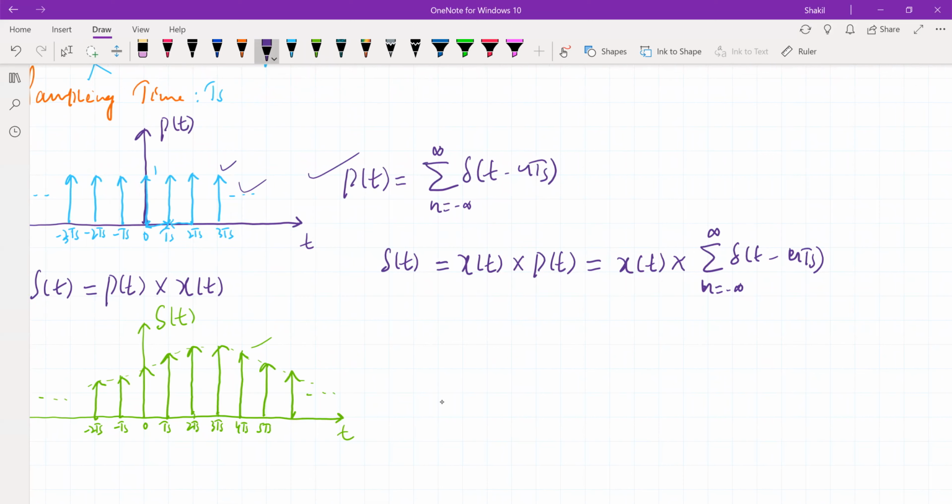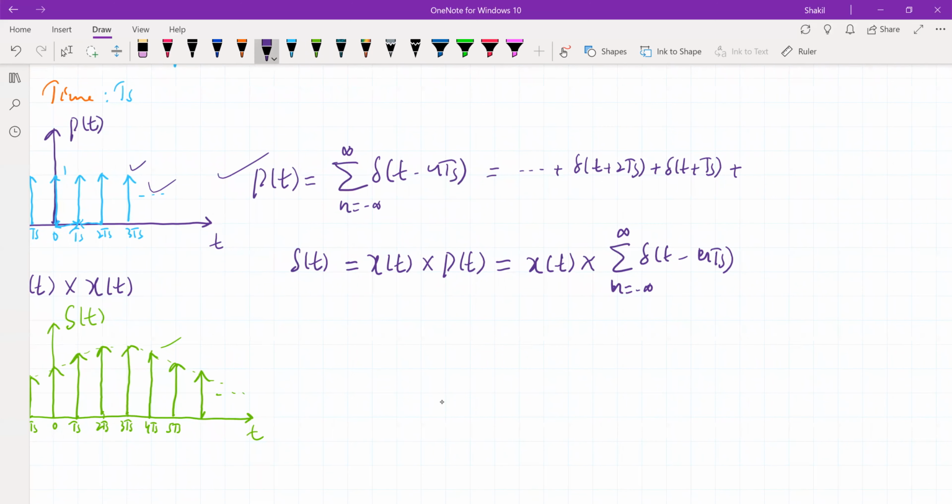Please remember that this is simply the impulse train. If n varies from minus infinity, let me start substituting values from minus 2. This will be delta of t plus 2TS, delta of t plus TS when n is minus 1, plus when n is 0, this will be delta of t.